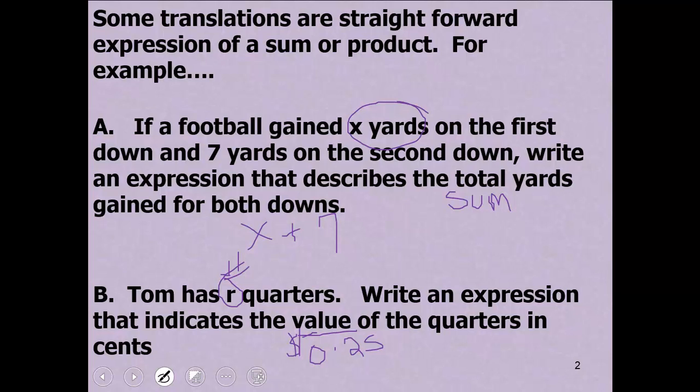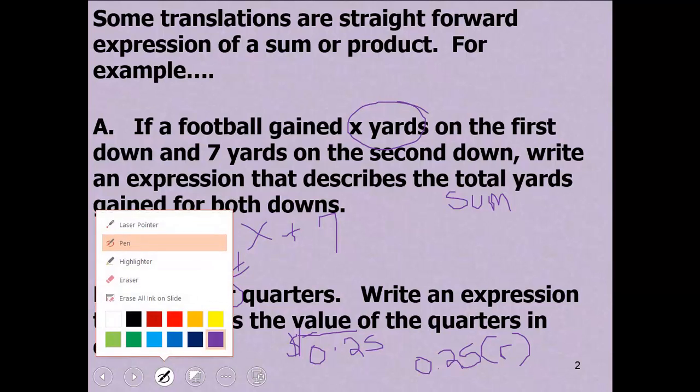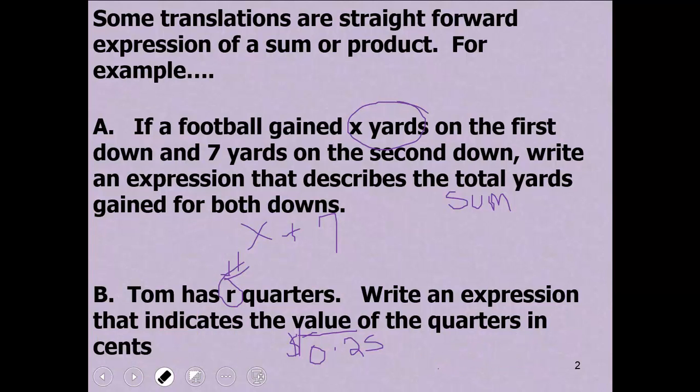So all we would take is 0.25 times R. That would be our expression. We would just straight multiply them together. If you don't like those parentheses, that's okay, it would be 0.25 times R.